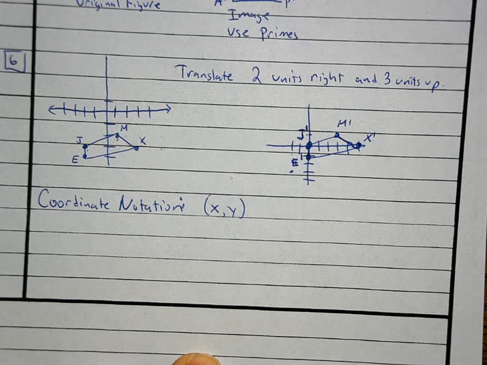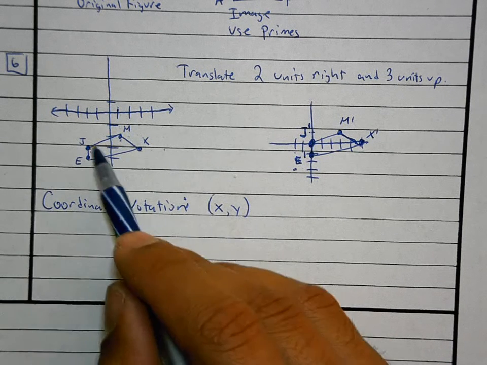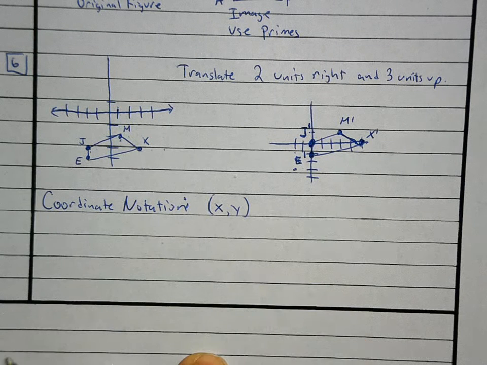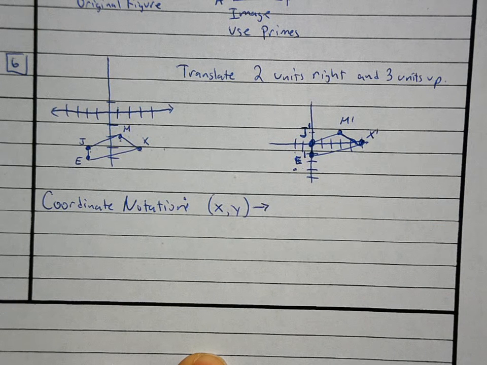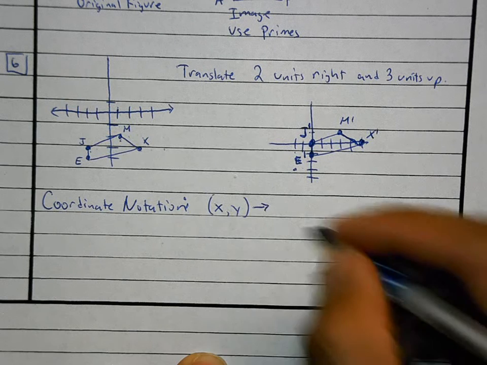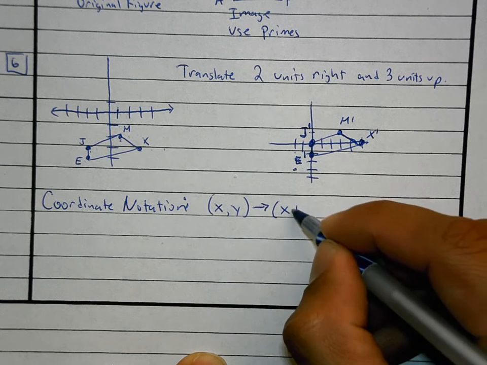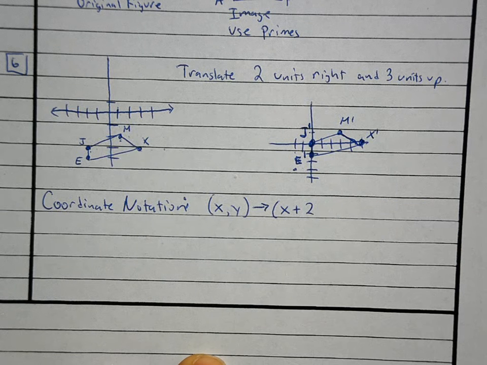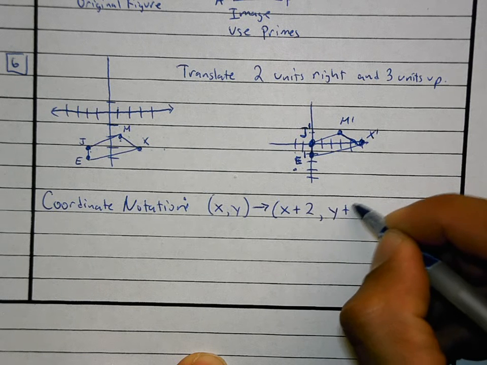The first thing we do for coordinate notation is we write x, y. Doesn't matter what the x is or what the y is. It's going to be translated where we do x, 2 units to the right means we're going to do x plus 2. And 3 units up means we're going to do comma y plus 3.